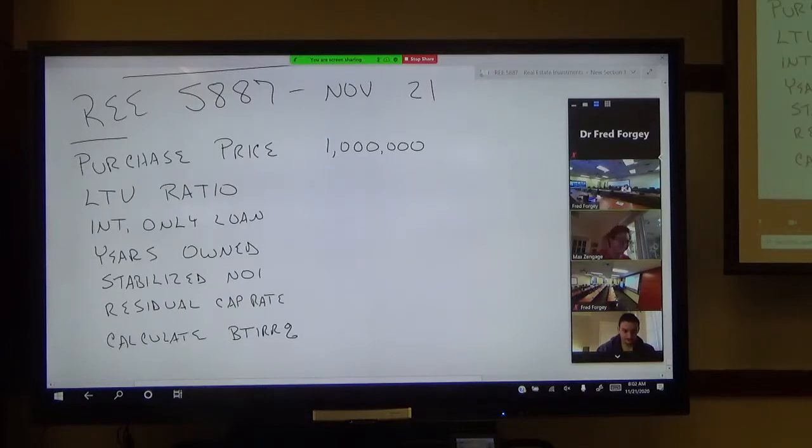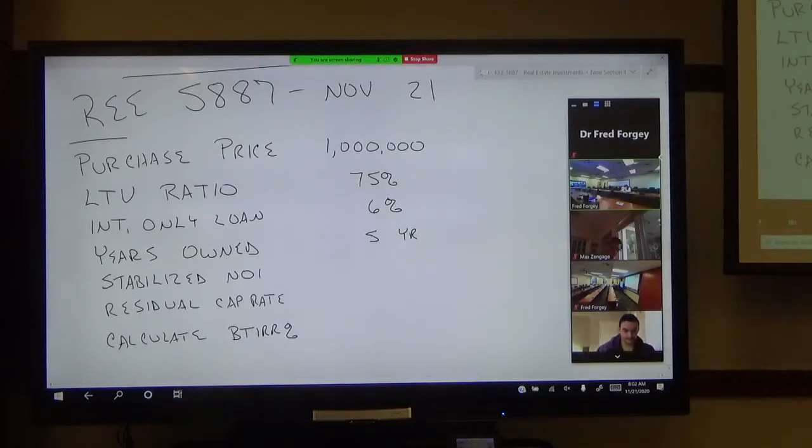No, let's pick something a little bit more realistic. 75%. Okay. The interest rate on an interest-only loan? 6%. Okay, and we're going to go with a 5-year holding period, just because I don't want to have to write the numbers down for 10 or 15 years. All right.